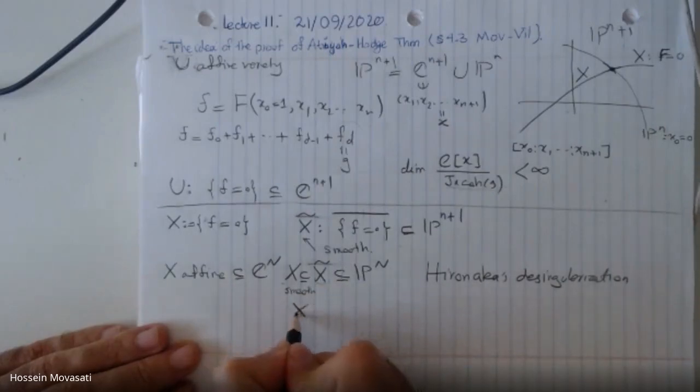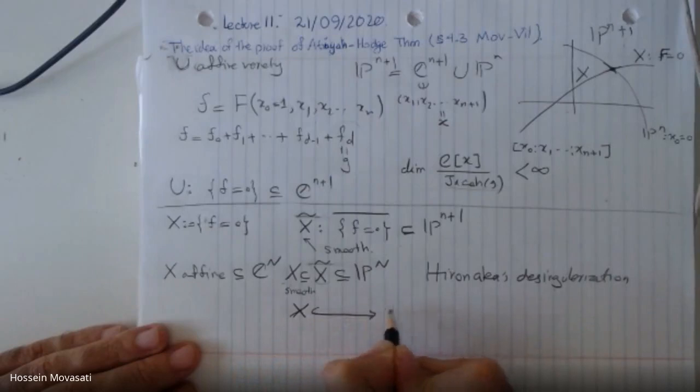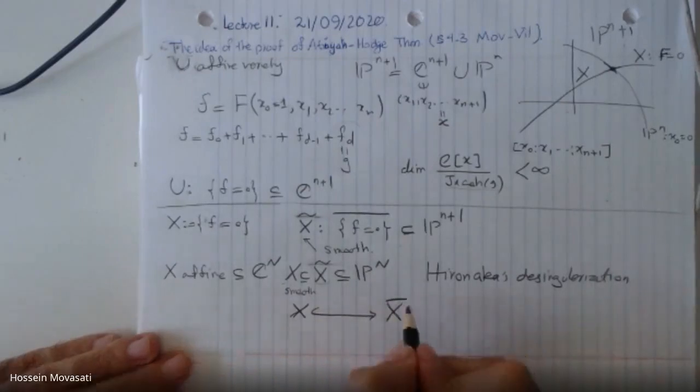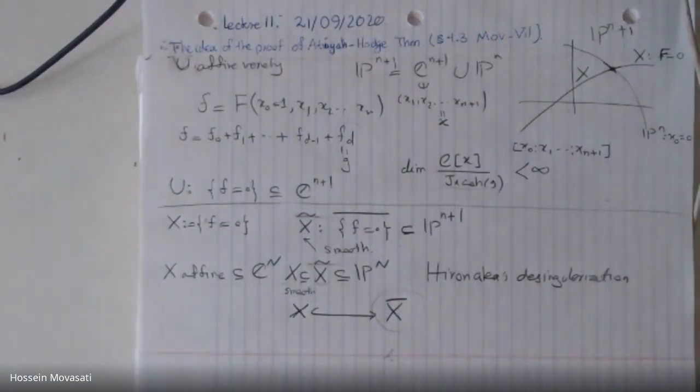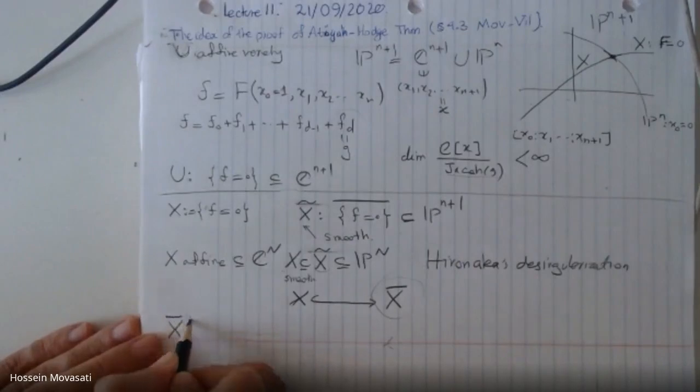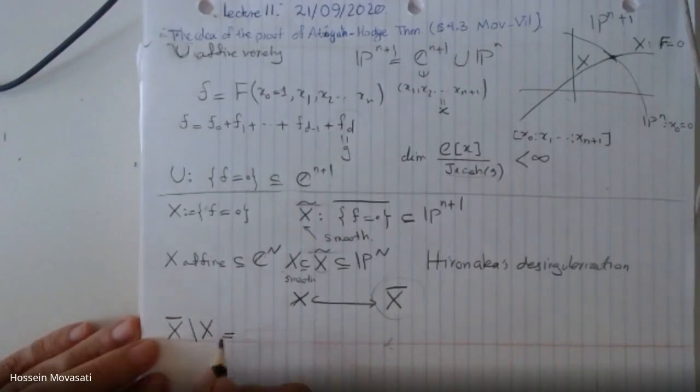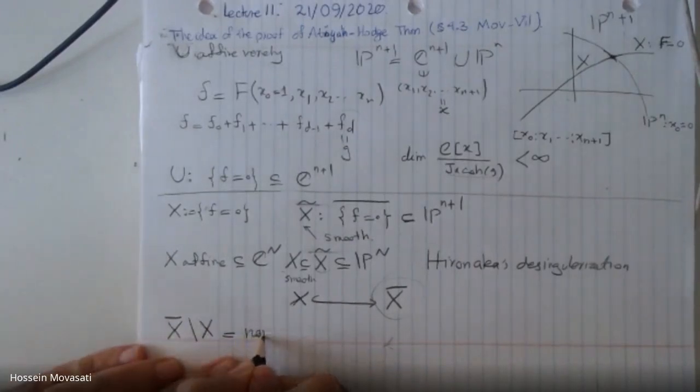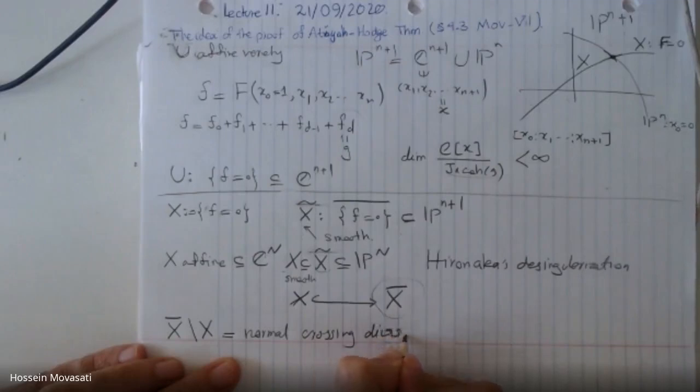But at the end of the day, one reaches this kind of diagram. X bar is the Hironaka desingularization, the theorem, and X bar minus X is a normal crossing divisor.